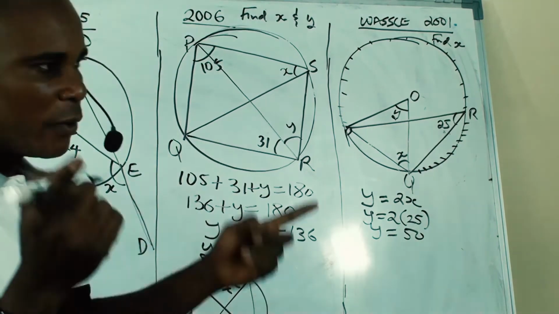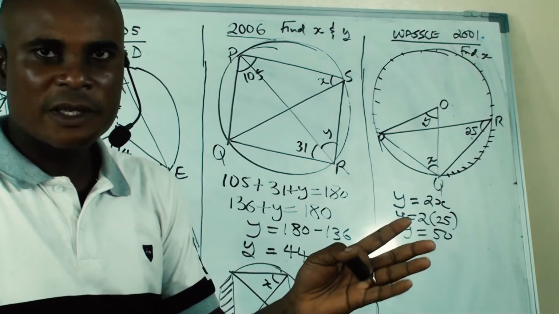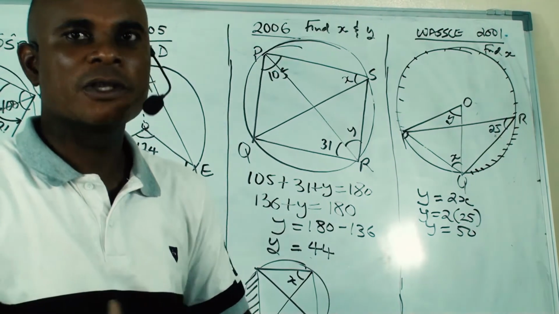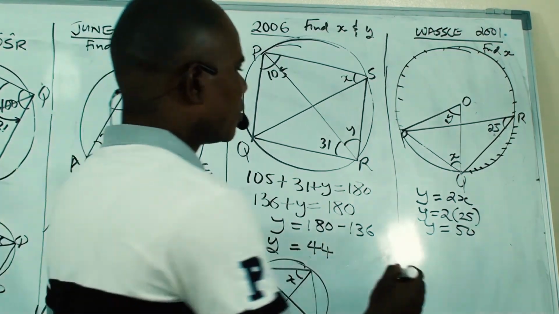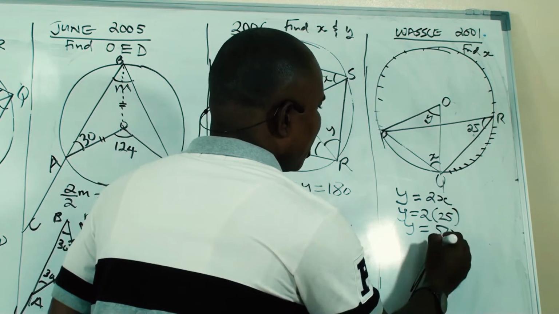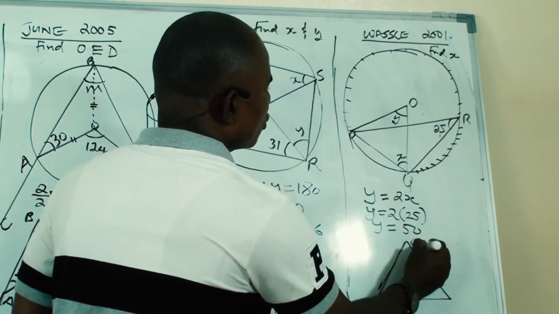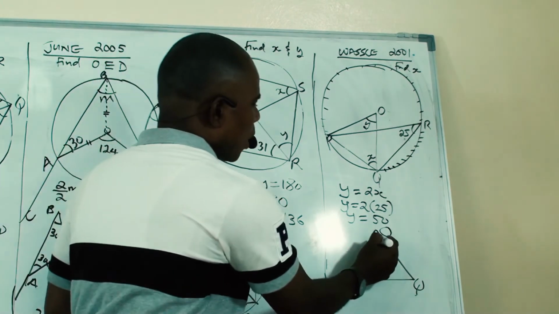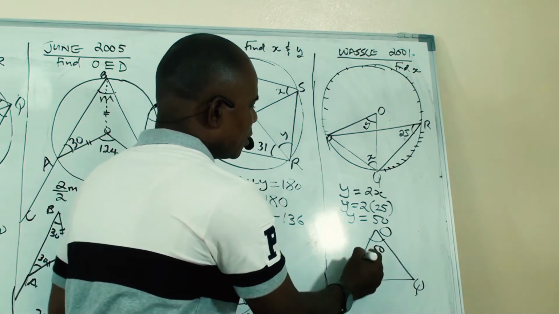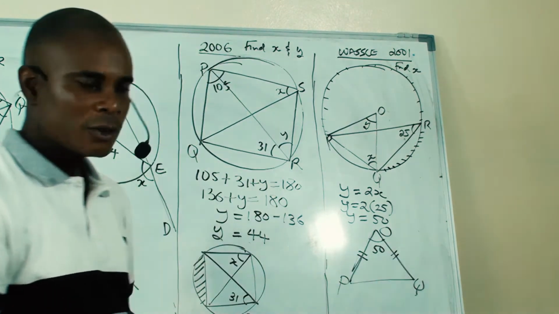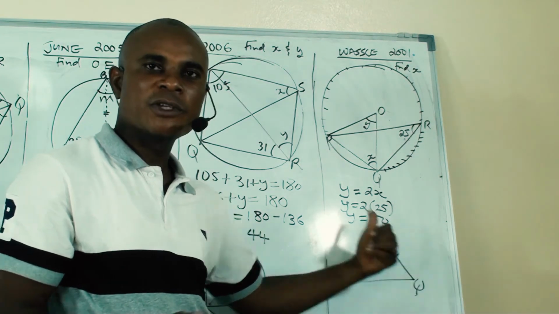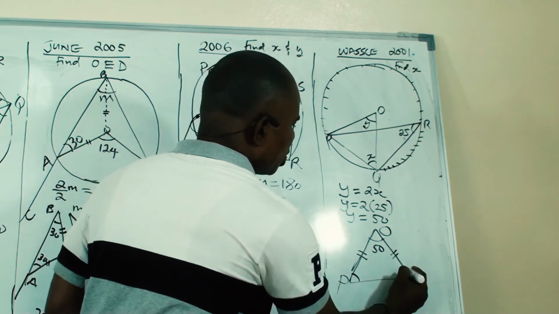Now watch out, when I was concluding on the theorems, I gave you the angle properties of triangles. I said that isosceles triangles always have the same base angles. So now I have a radius here and a radius there. So this is O, this is P, this is Q. If I've got y in the middle here, which is 50, and this is a radius, and this is another radius, it forms an isosceles triangle. And in isosceles triangles, the base angles must be equal. So this angle here must be equal to this angle.